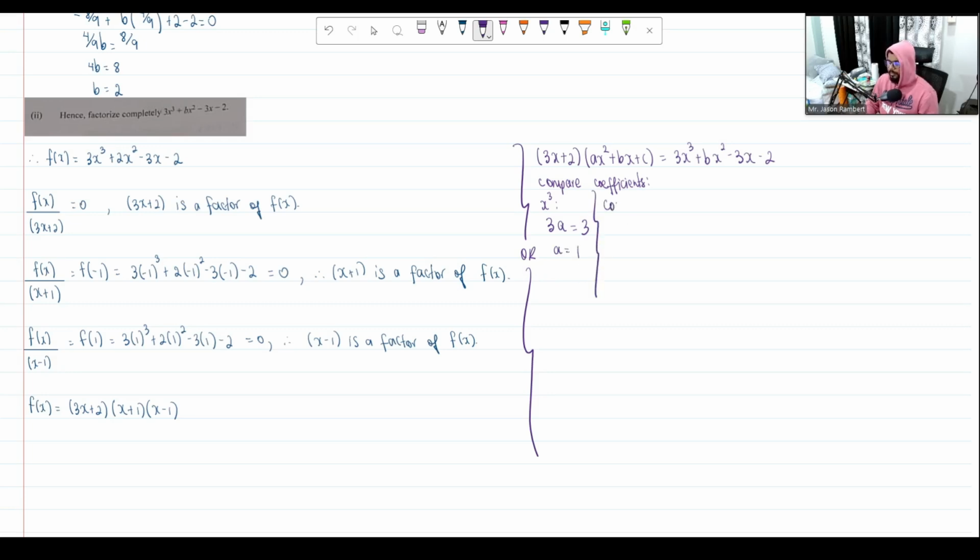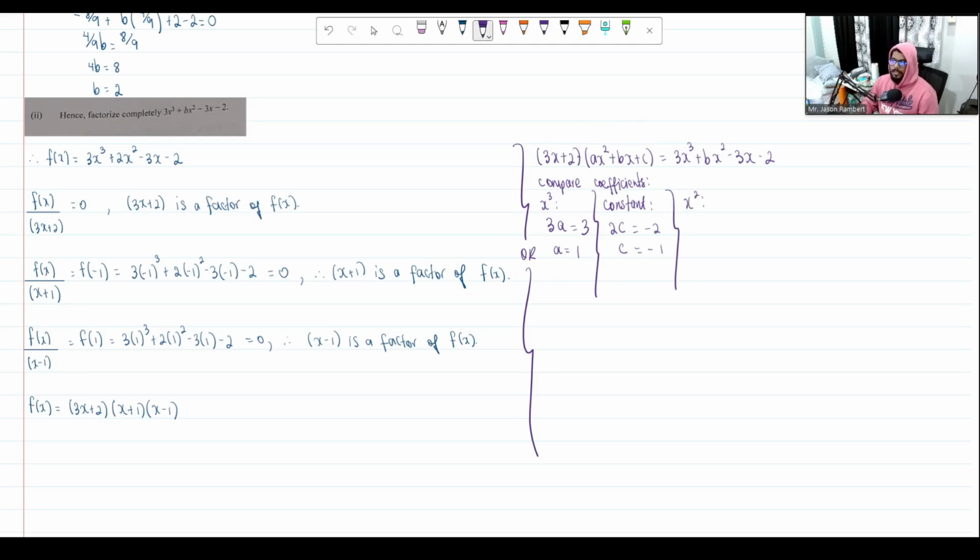Now I'm going to compare my constant because those are the 2 easiest things to get. 2 multiplied by c is going to give me my constant, which is equal to negative 2, and I'm going to get c is minus 1. Now I could calculate my x squared coefficient.